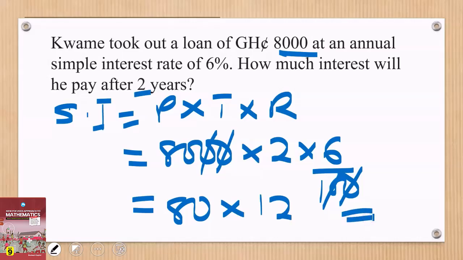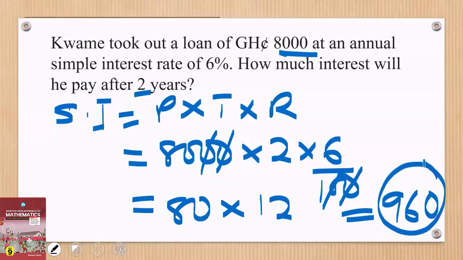So we can say 960. Simple, right? Good. That means if you borrow money from the bank and the amount you took was 8,000, and the bank says that after every year you pay 6% interest and you keep the money for 2 years, you have to pay the bank 960 Ghana cedis as interest.